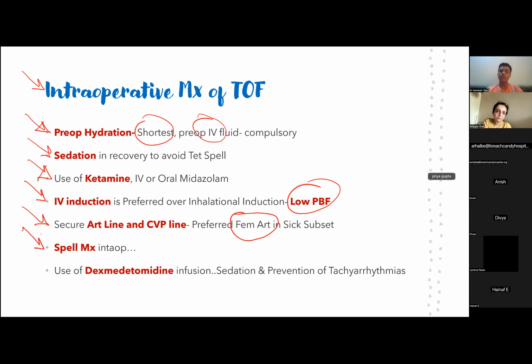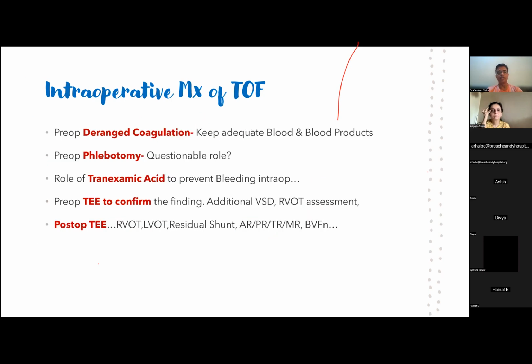Spell management, as we already discussed, and use of dexmedetomidine infusion to prevent tachyarrhythmias and give sedation and analgesia. So we are starting dexmedetomidine infusion in almost all cases of tetralogy repair.